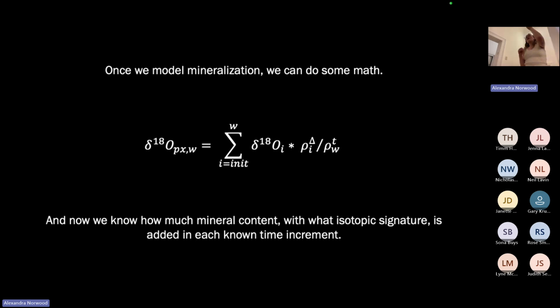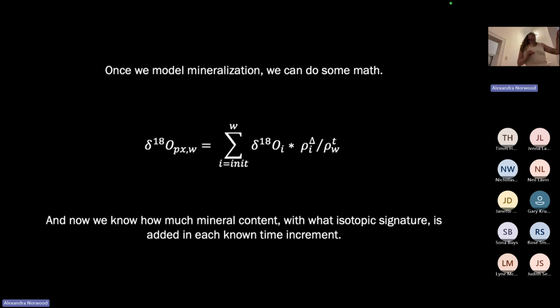That if we know what amount of enamel is growing at each moment in time, we can say this amount of enamel had this isotope value, so 0.25% of this piece of enamel had this value, and then another point however much percent had this, and another point however much had this, and all together that gives us this value.